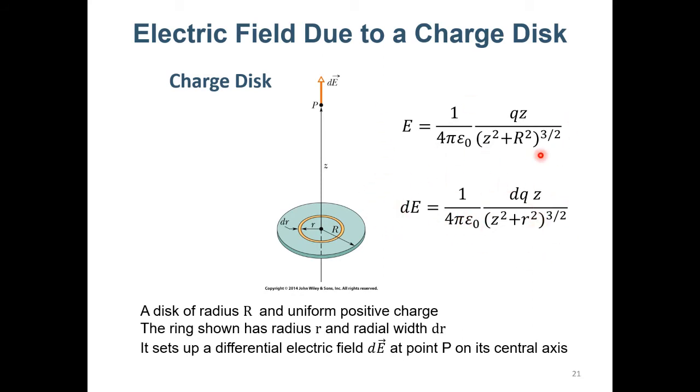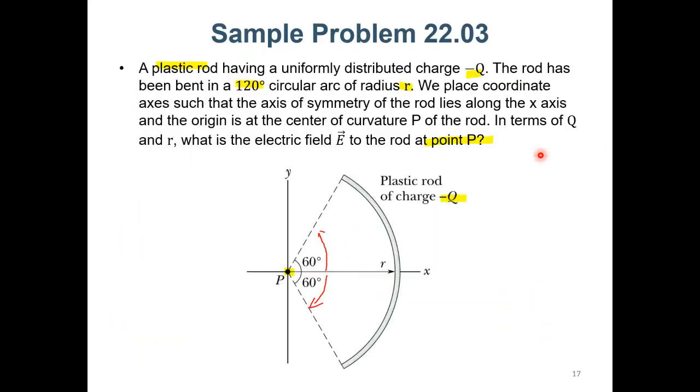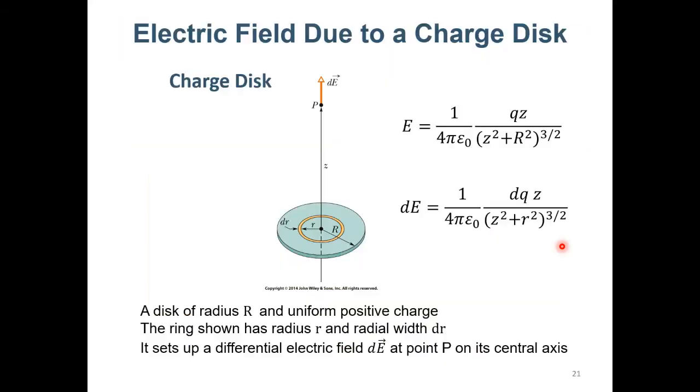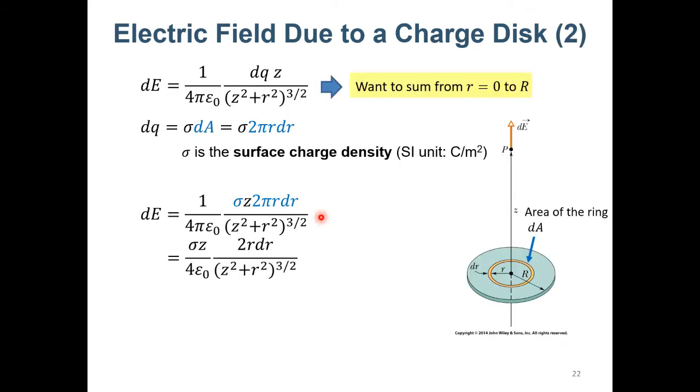Actually, this is equation 2016, which is the field generated by a ring. So we only make a little bit of modification, Q into dQ, capital R into small r, because we need to vary the r. We need to integrate over small r.